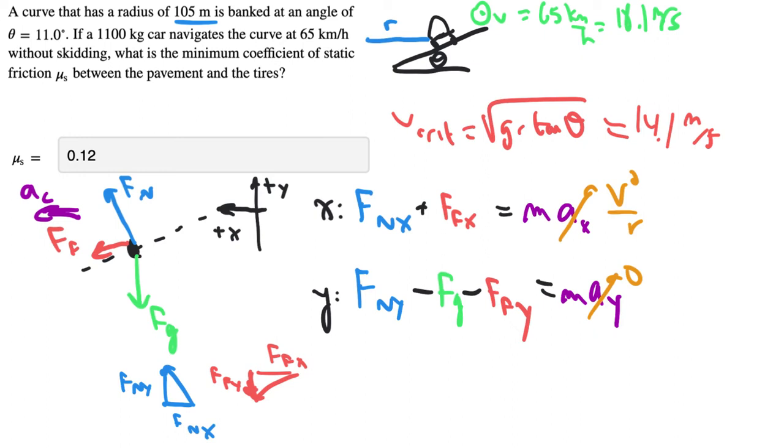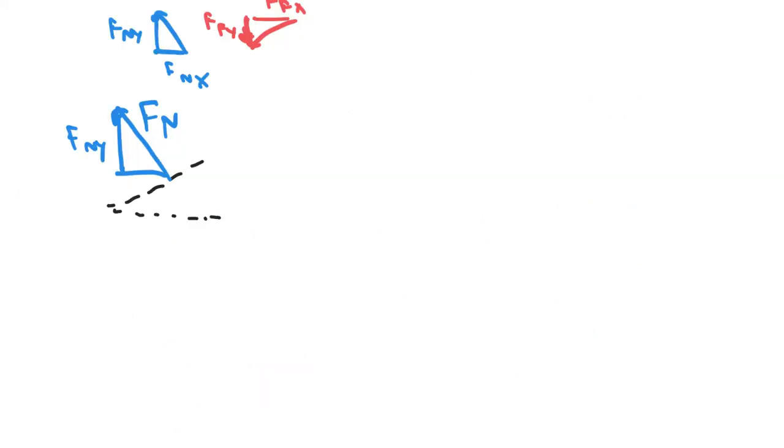What's going to be a little bit more annoying are the components FNx and FNy and so on. So let's go get those components. Here we're going to want to try and get our angle into our triangle somehow. And remember that we've drawn our incline such that this angle is theta. But we can see that that angle is the same as that angle because it is an alternate interior angle formed by parallel lines.